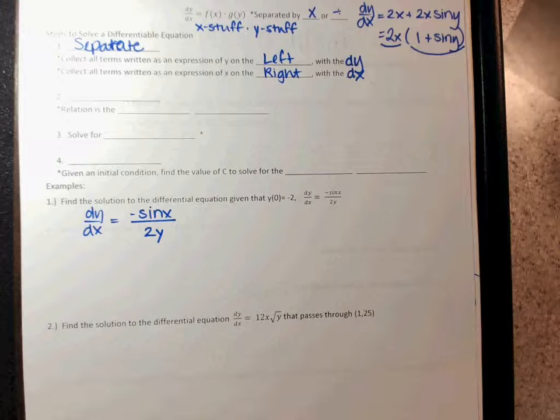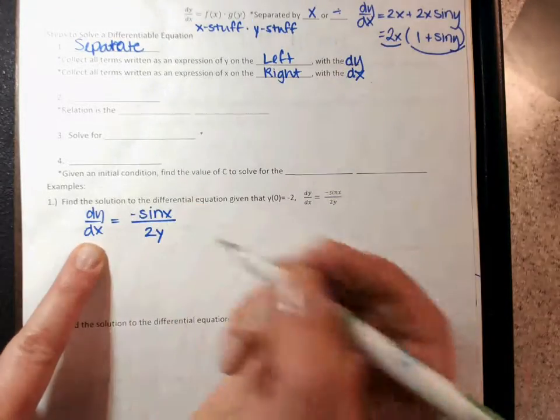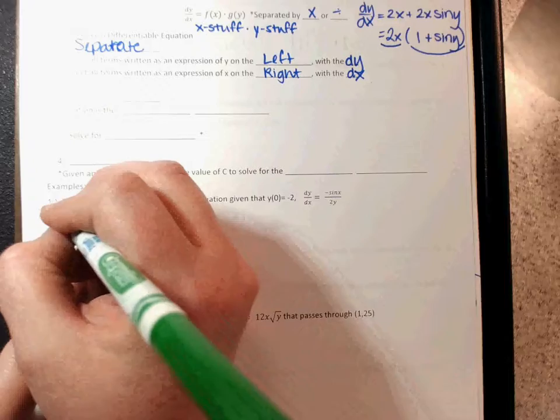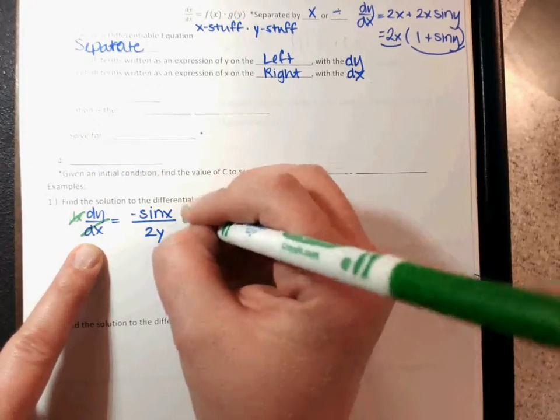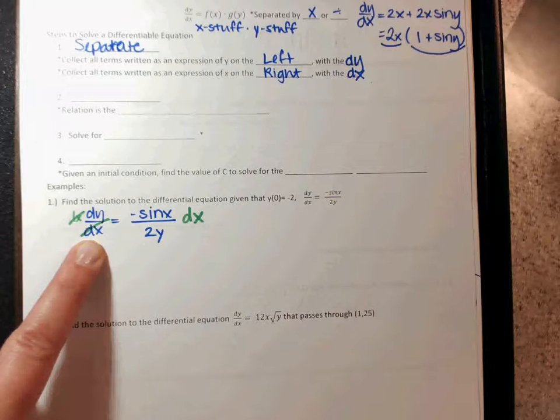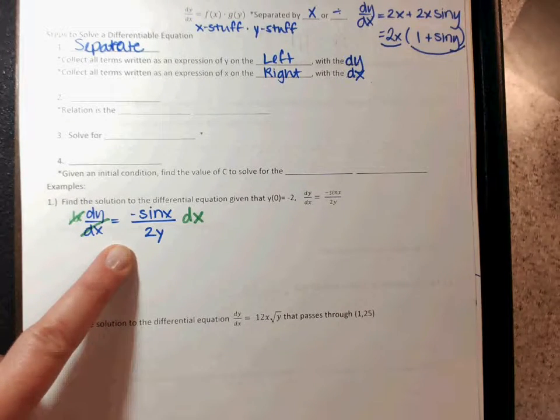Ready? How do I cancel out a divided by dx? What would I have to do? Multiply by dx, right? So I put a times dx here, cross it out, and I put a times dx here. Then how do I get rid of a 2y off the bottom? It's divided by 2y, so I need to multiply by 2y.